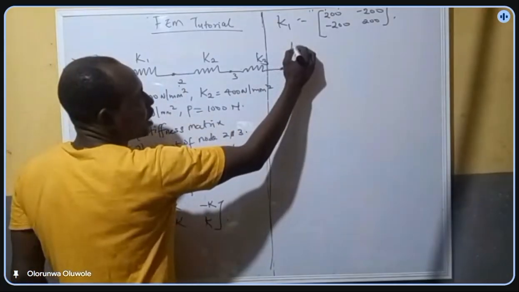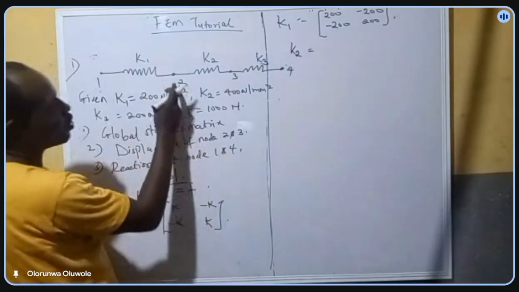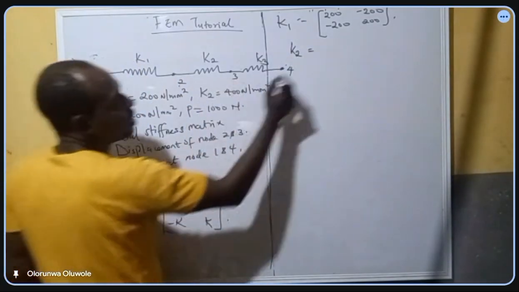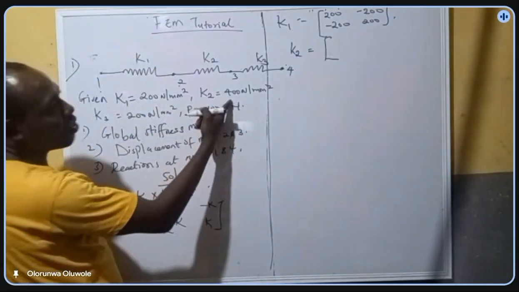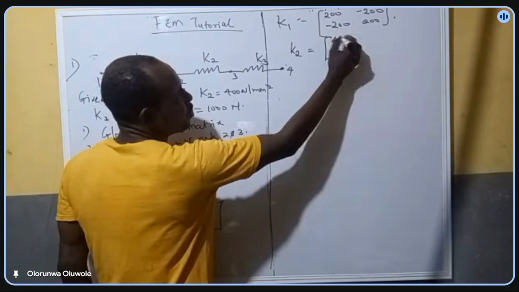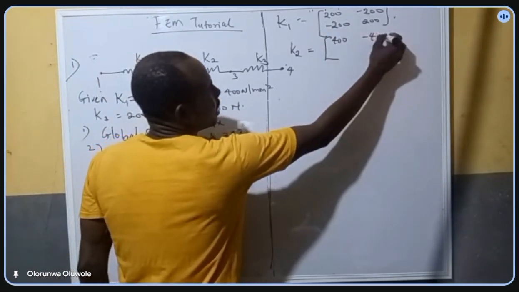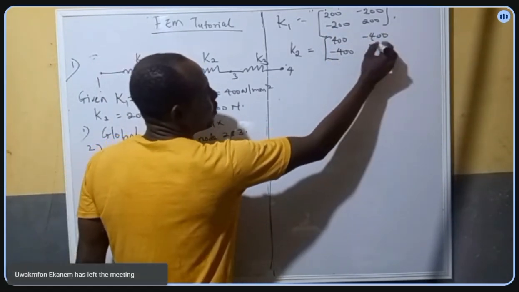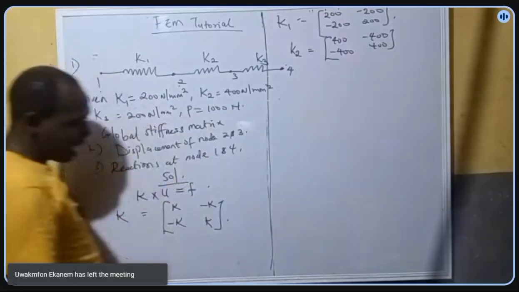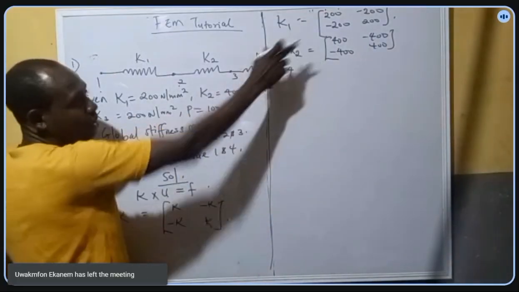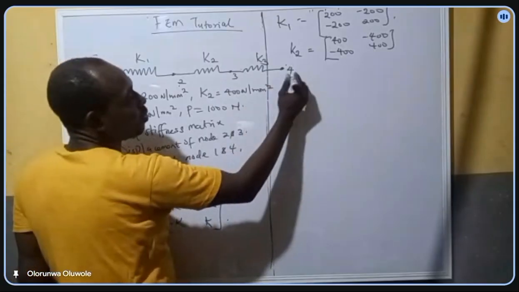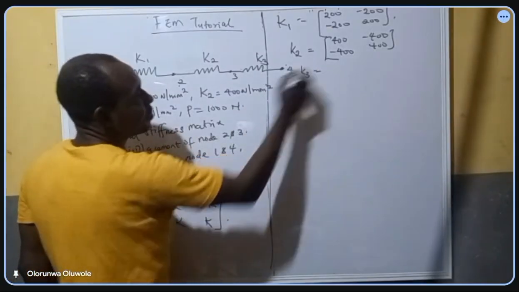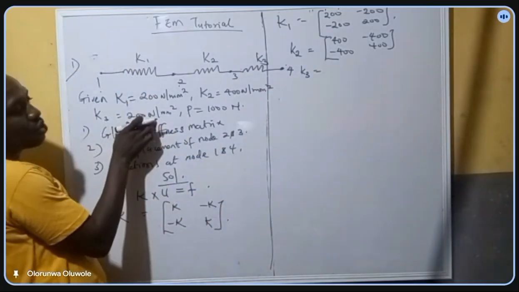Then we come to K2, which is between node 2 and node 3. Our K2 is given as 400. So you have 400, minus 400, minus 400, then 400. You are just applying the formula for all of these. Then you come to your K3, given as 200.